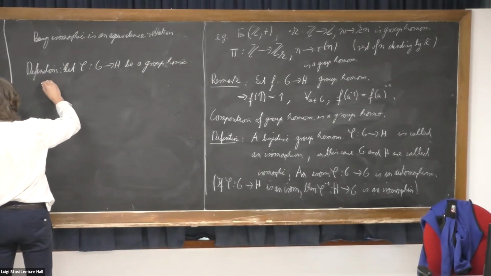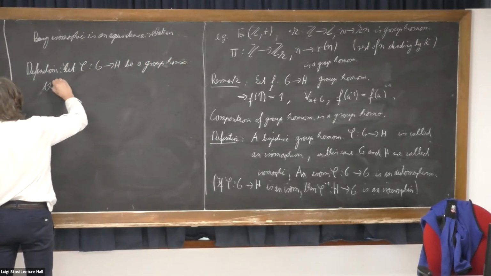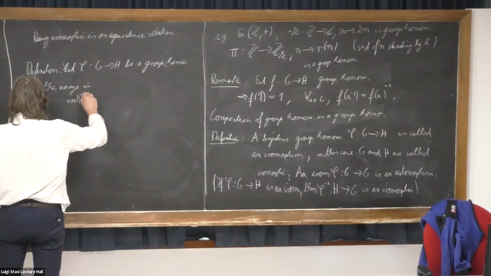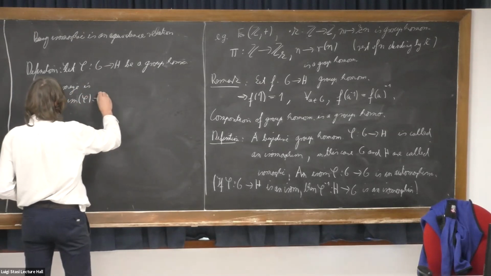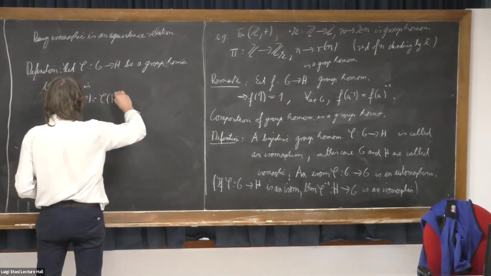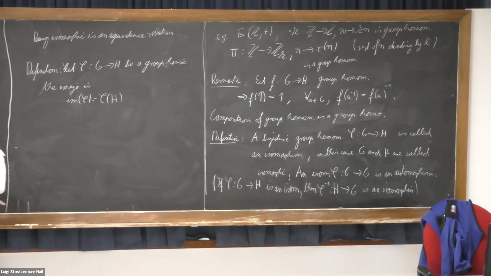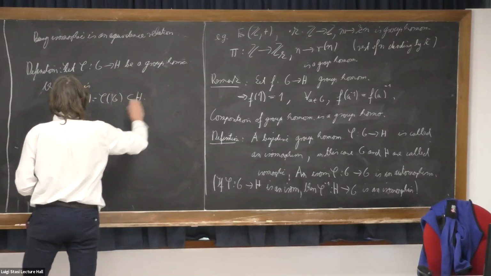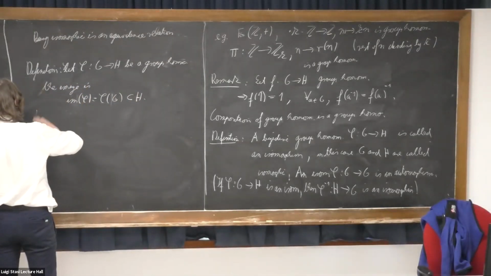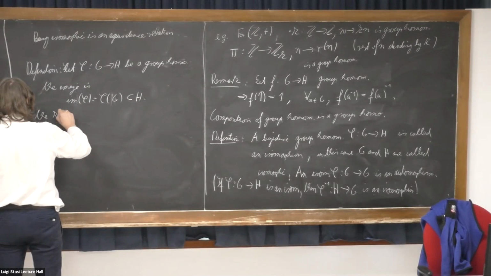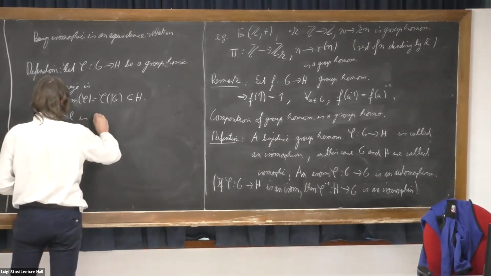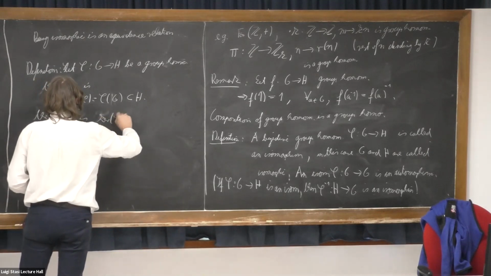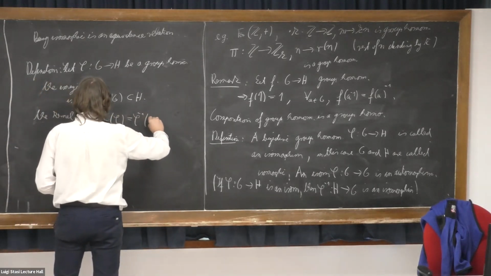Then the image of F is a subgroup of H, and the kernel of F is a subgroup of G.